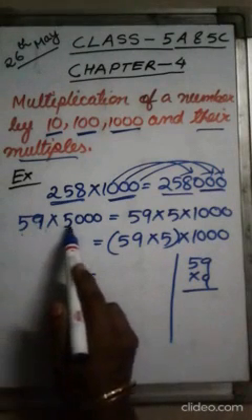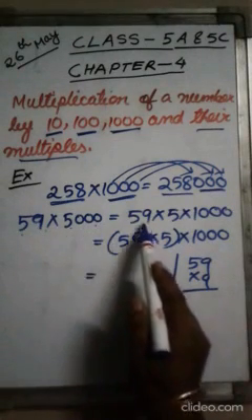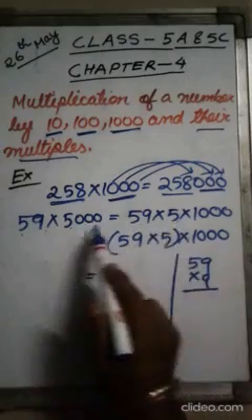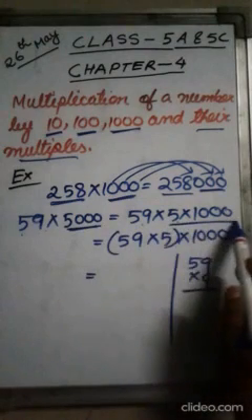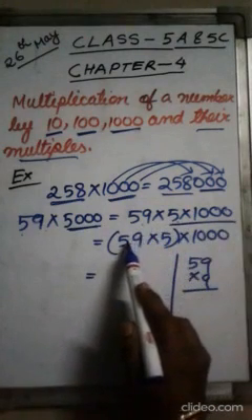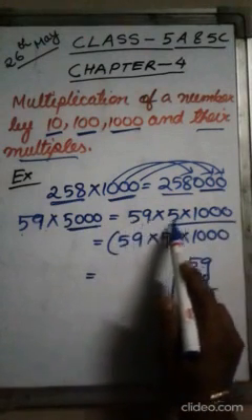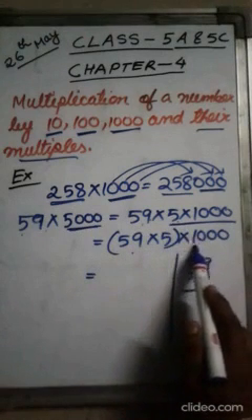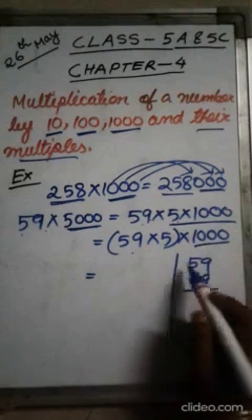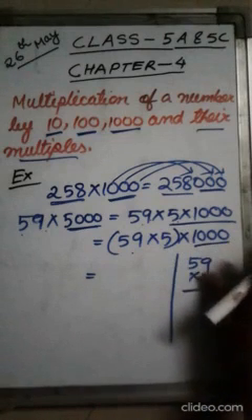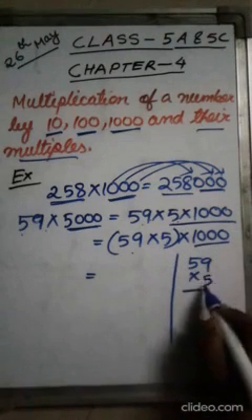Here 59 into 5000, I can write it as 59 into 5 into 1000. So I am making a group of 59 and 5. Then 1000 is another group, it is standing alone. 59 into 5, I shall find the value.